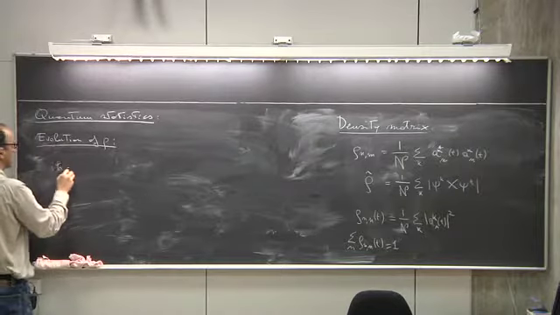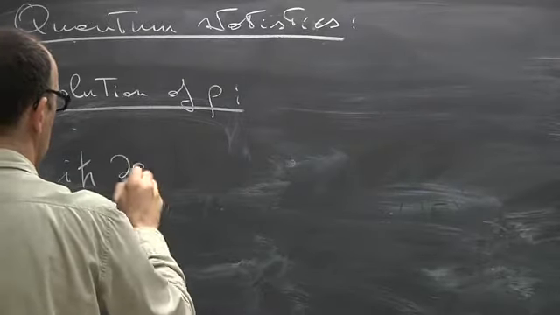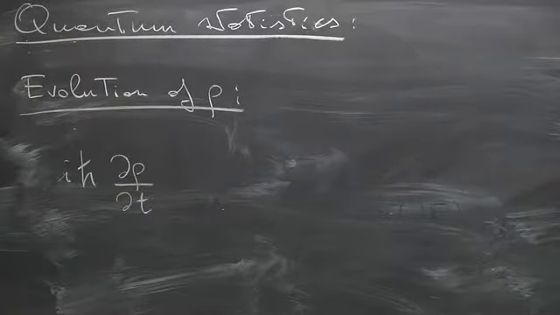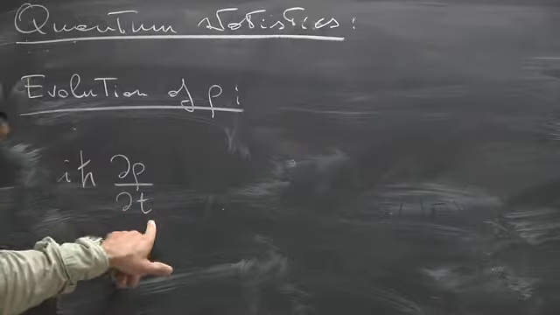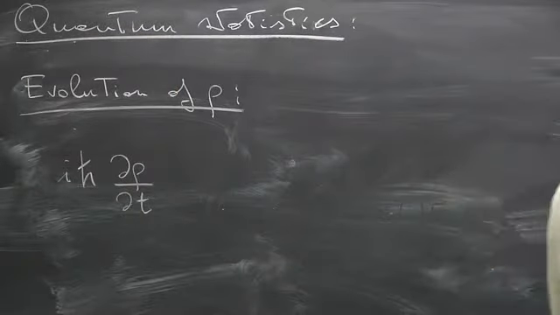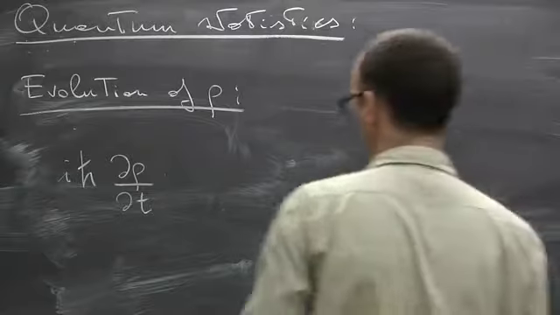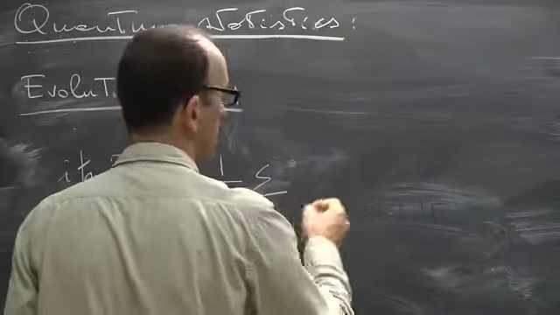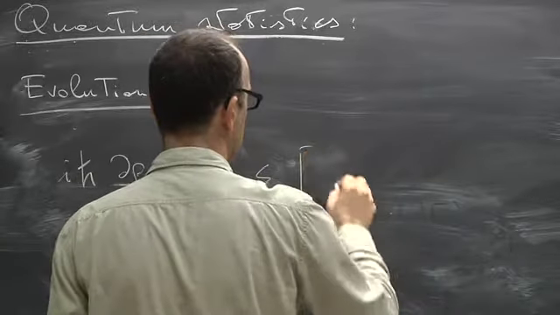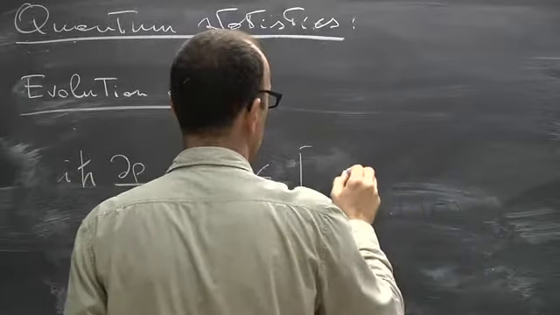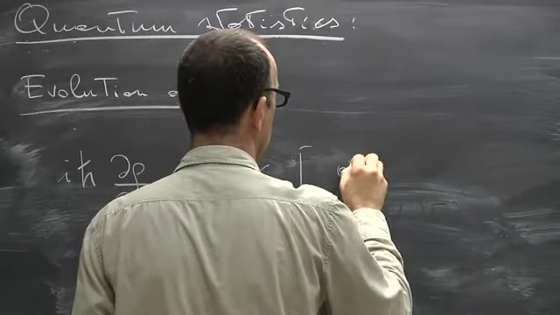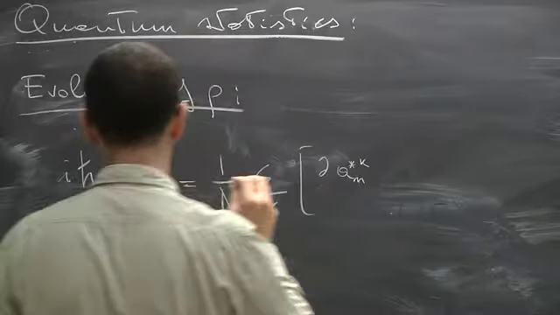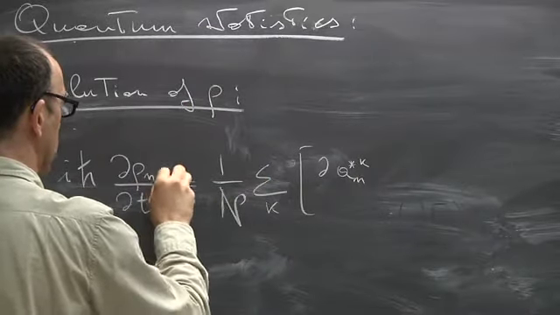If I take i h bar times d rho dt, then I have 1 over N sum over all the copies, and then I have two terms. I have a star k n. So let's do it for matrix element n m.